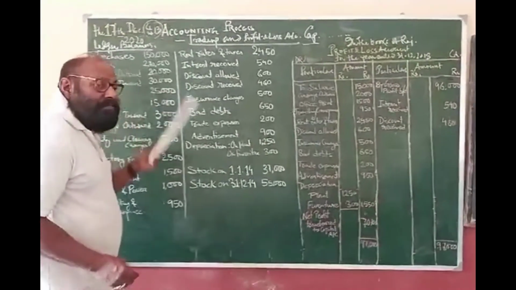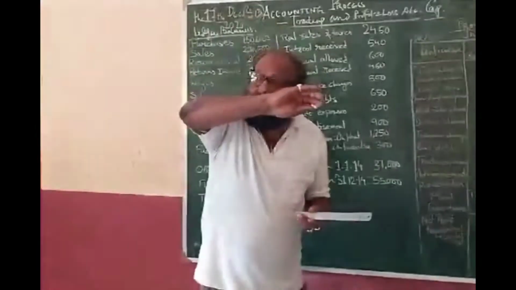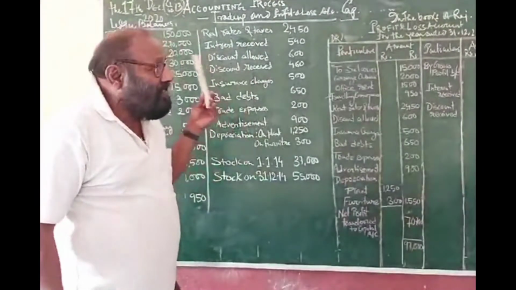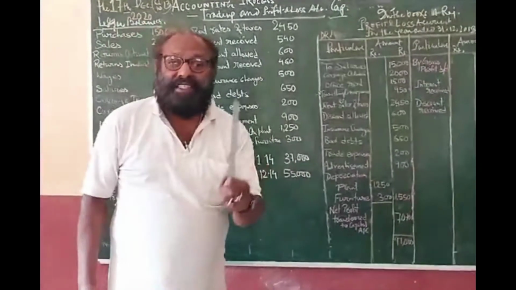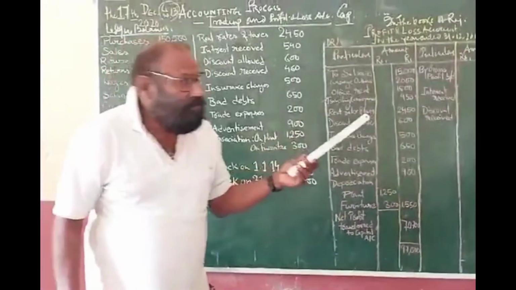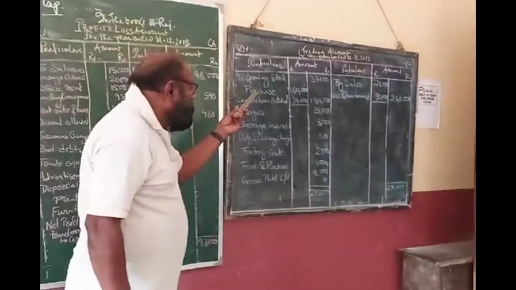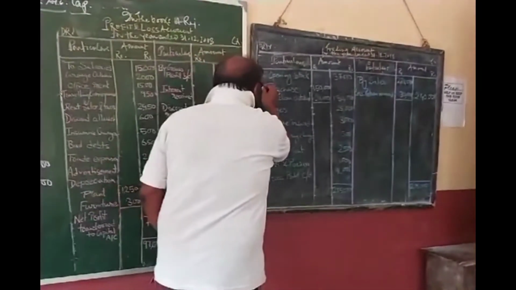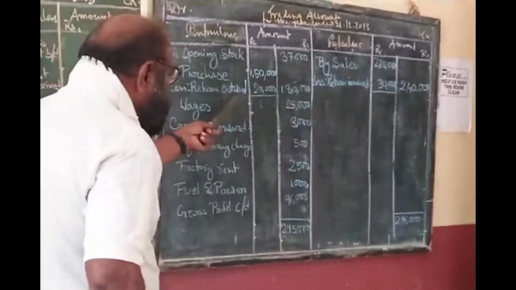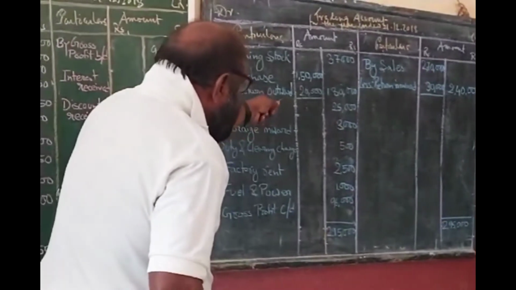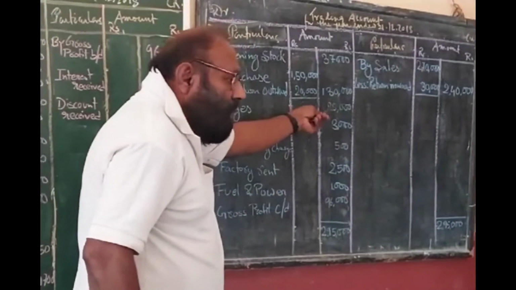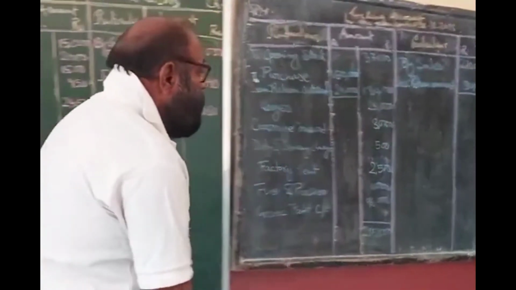Return outward means you have purchased goods and the goods were not accepted and returned. So purchase return reduces the total purchase amount by that amount. So we have found the net purchase: from purchase we deduct purchase return. So 1,50,000 minus 20,000, net purchase is 1,30,000.